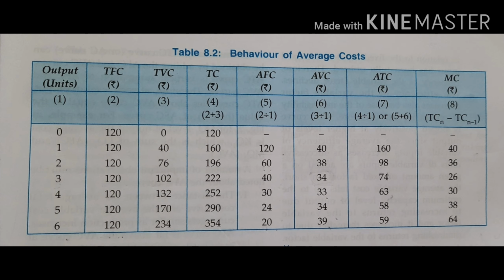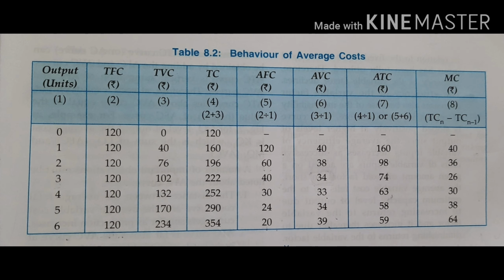The concept of marginal cost is very fundamental, and marginal cost is the addition to total cost as one more unit of output is produced. Or in other words, marginal cost is the addition to total cost of producing n units instead of n minus 1, right?